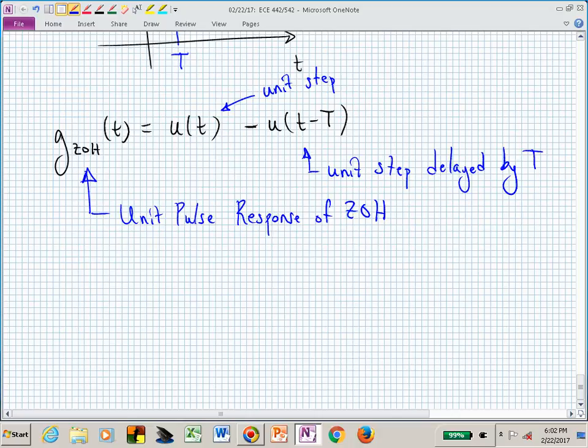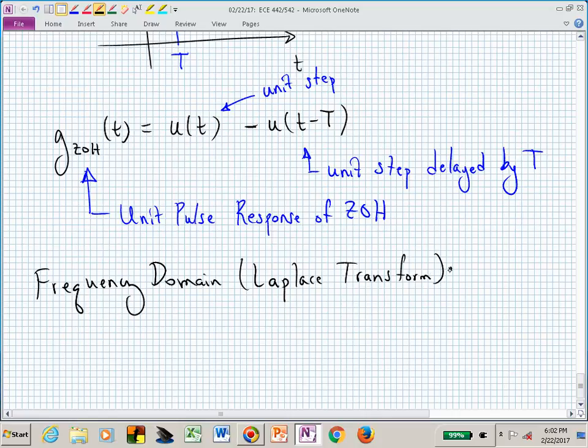Let's go into the frequency domain. We're still analog, so this is now using the Laplace transform. What is capital G sub ZOH of S? What's the Laplace transform of a unit step?